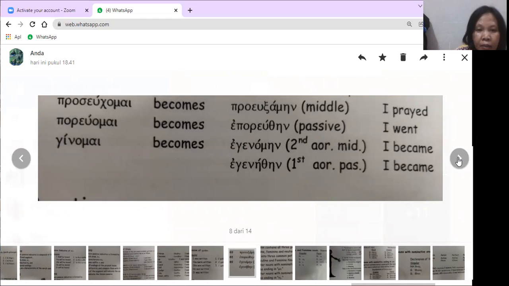For example, proseuchomai becomes proseuxamen, middle, I prayed.